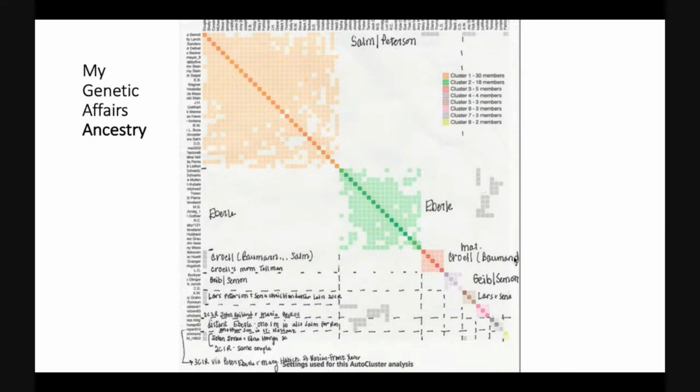And I have double checked to make sure that is indeed how we are related. But I just wanted to let you know that it's not like magically also saying this is how you're related, but instead it's clustering your matches into these manageable groups. And if you know some of the people within the groups, then it'll be much easier to figure out how the other members are related to you.